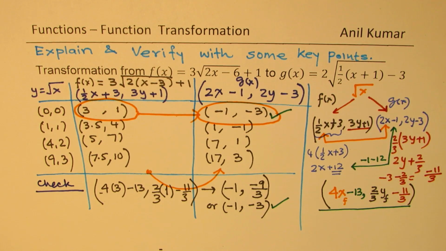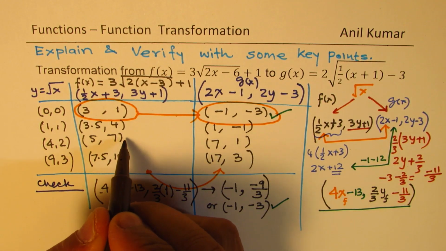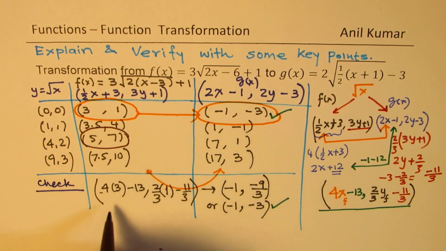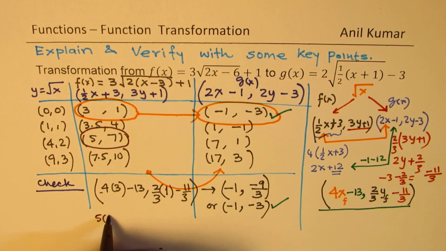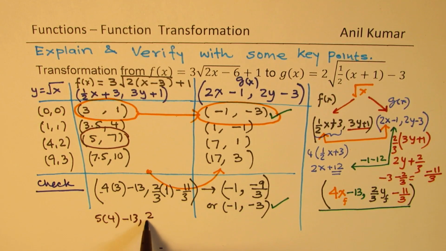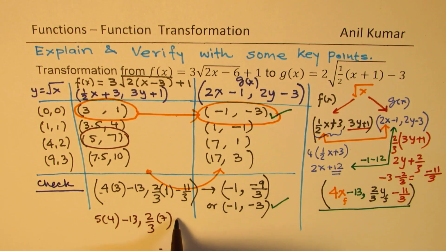Now, let us check with another value. So this time, let's take the value 5 and 7, for example. Okay, let's take this value. So what should we get? 5 times 4, so we get 5 times 4 minus 13, and the y value is 2/3 of 7, minus 11 over 3, right?